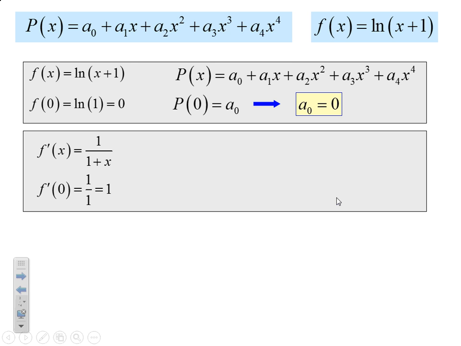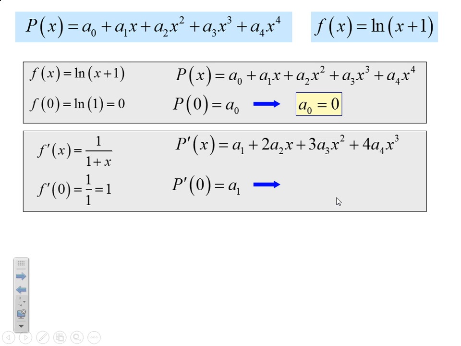So when we take the derivative of the polynomial, we get this, which means when we plug in 0, we want a sub 1 to be 1.